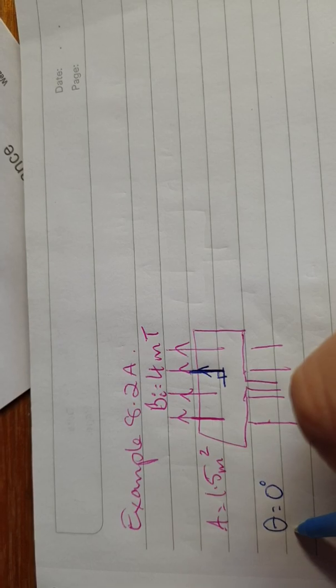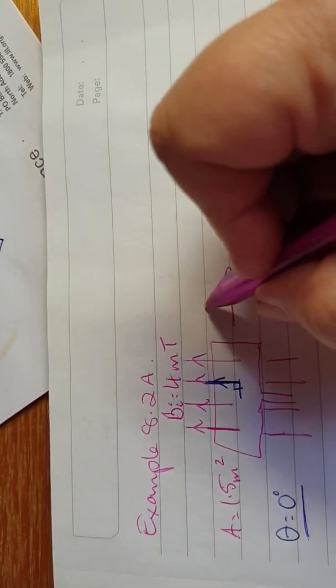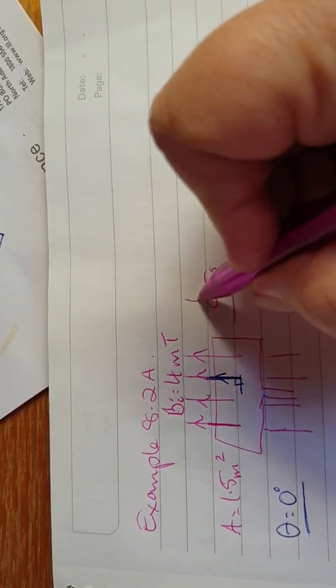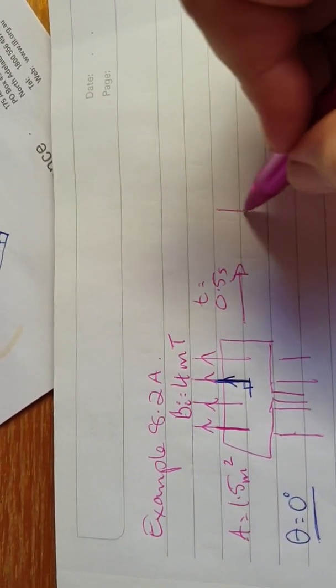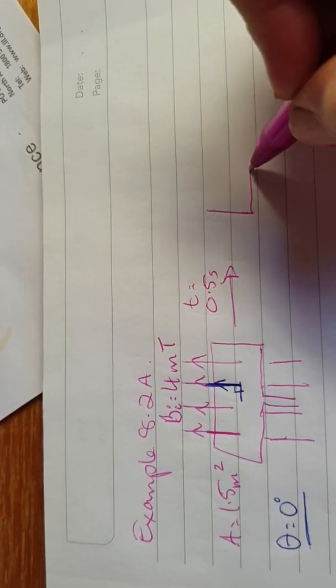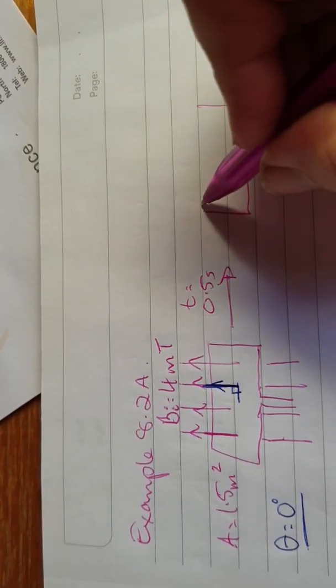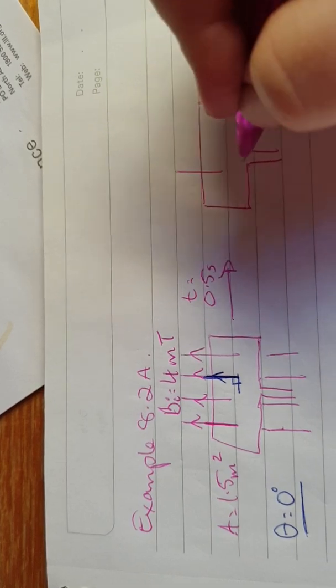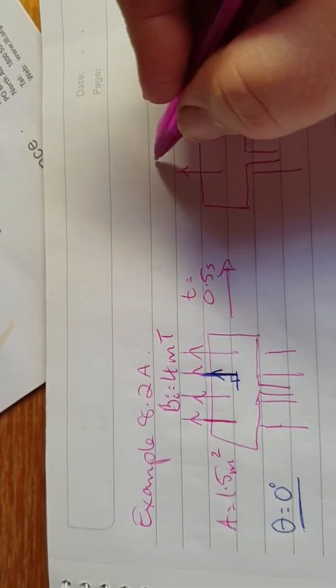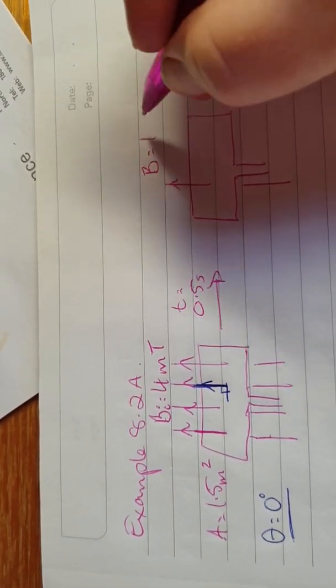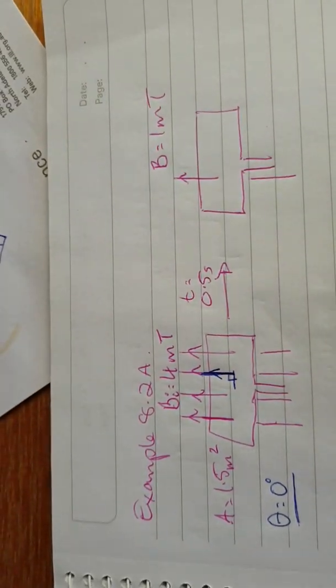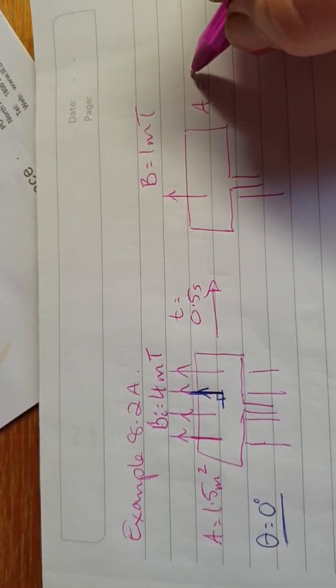I think that might be the hardest thing to work out, what the angle is. Righto, so that's going to change in 0.5 of a second, that's our time, to this situation where we just have 1 millitesla. The area is unchanged.